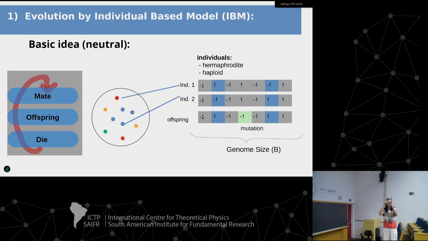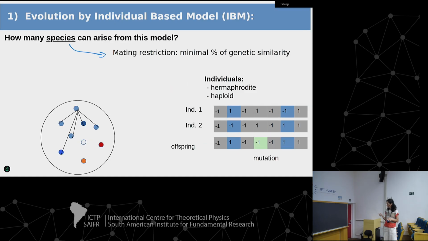If she finds a father, then we can have an offspring, and the offspring replaces the population. The individuals who mated then die, and this cycle repeats. So it is a simple, neutral model. There is no selection toward a given phenotype. The next question is, how many species can arise from this model?